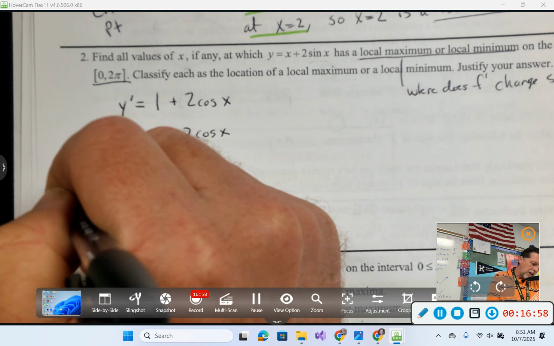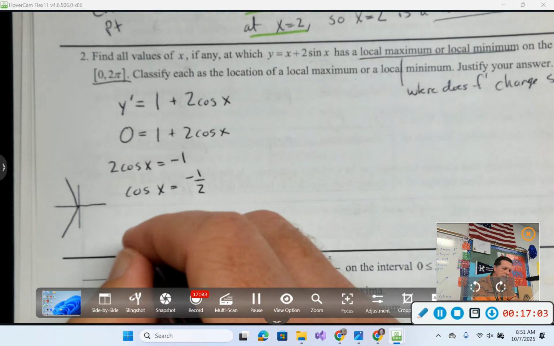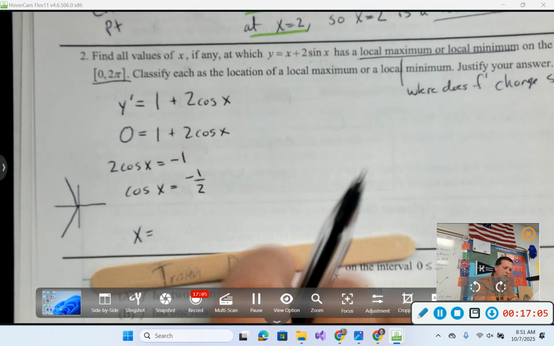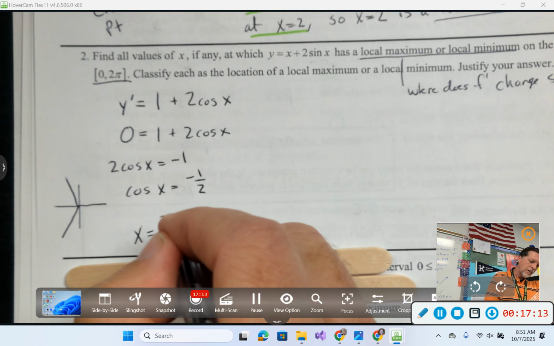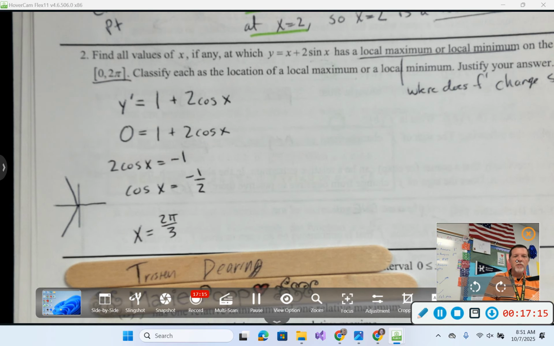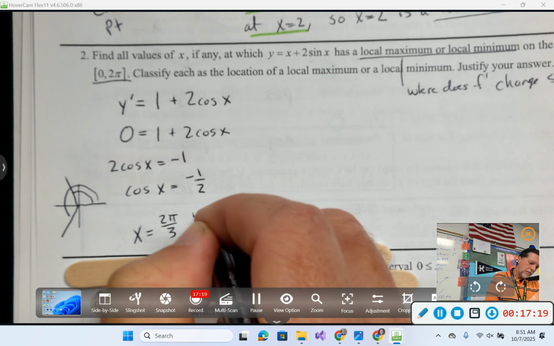So that would mean I'm at those 2 spots. So I'll walk you right up to the answer. Tristan, what's one of those angles? 2 pi over 3. And Marie, the other one? Good, 4 pi over 3.